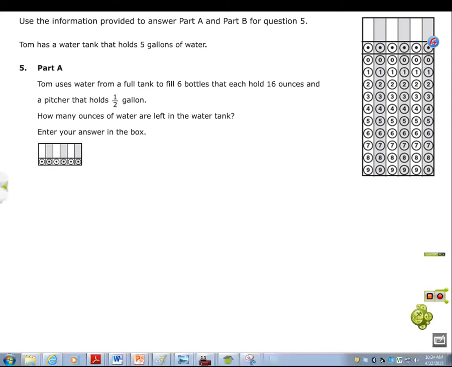Okay, and then how do you fill out these things? You fill these out by filling in the little bubble circle things. Okay, 480.